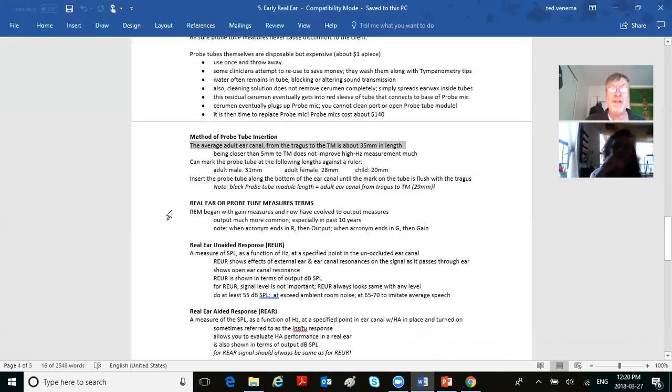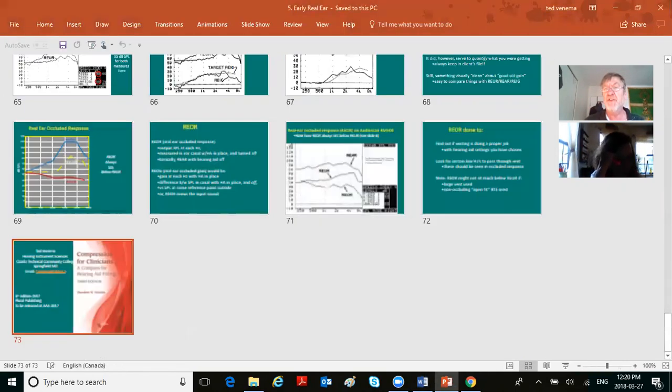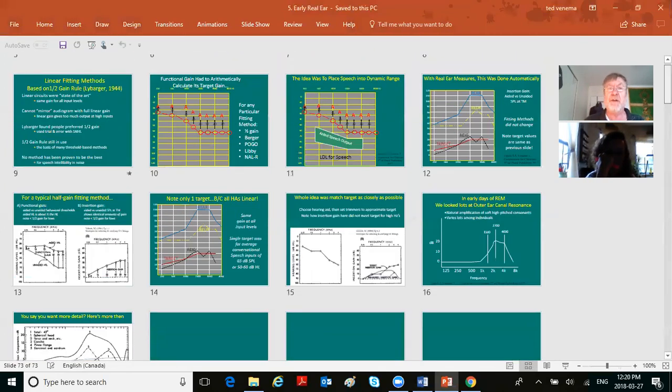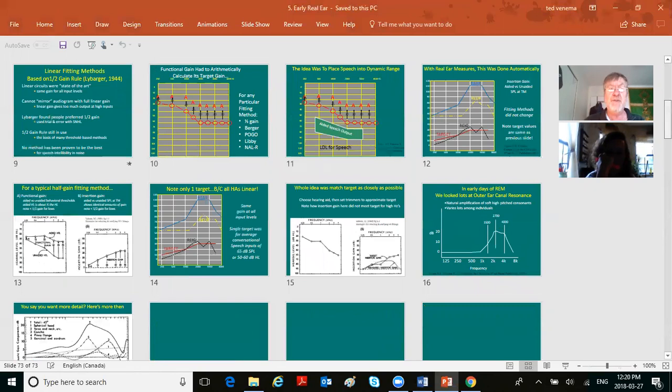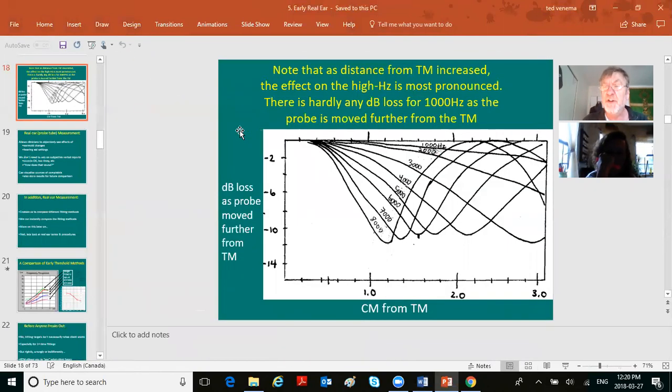Okay? Being closer than 5 millimeters to your eardrum doesn't improve things much, but being further away from it does. And it really cuts off your high frequencies, big time. So much so that I think I've even got a picture of it up here. Okay? Huge. This is the effect of keeping the probe tube too far away from the eardrum.